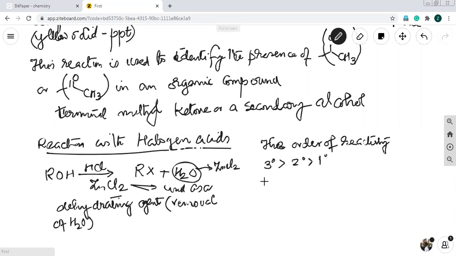Meaning, if you take a test tube, or rather take 3 test tubes. Into this you add tertiary alcohol. Into this add secondary alcohol. And into this you add primary alcohol.